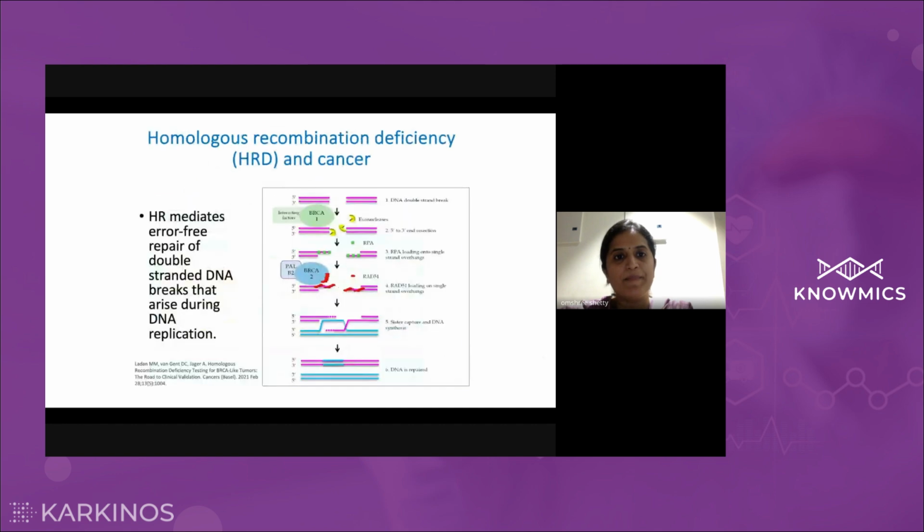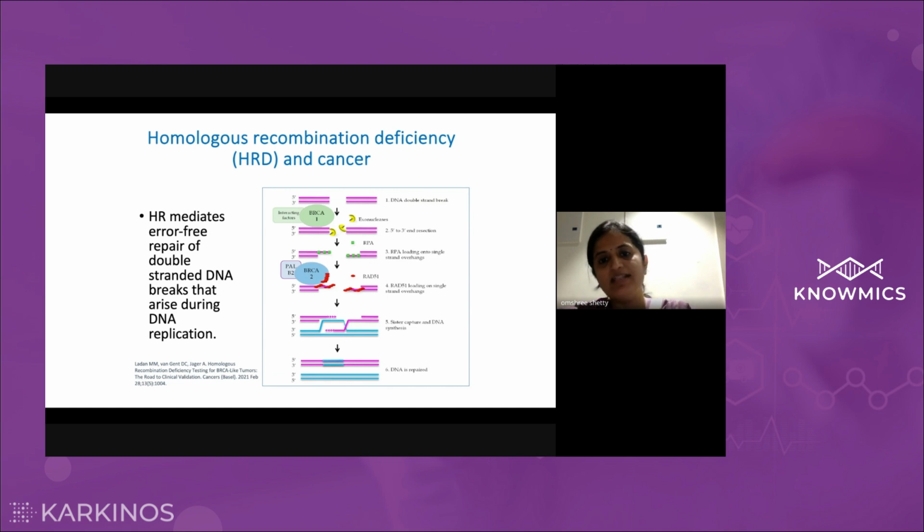Next slide, please. Homologous recombination deficiency in cancer is basically about error-free repair of double-stranded DNA breaks which arise during DNA replication. If you can see in the picture given here, a lot of molecules come into the picture, like BRCA1, which with the help of exonucleases takes care of those breakages, followed by PALB2 and the BRCA2 gene along with RAD51, which loads on single-stranded overhangs.